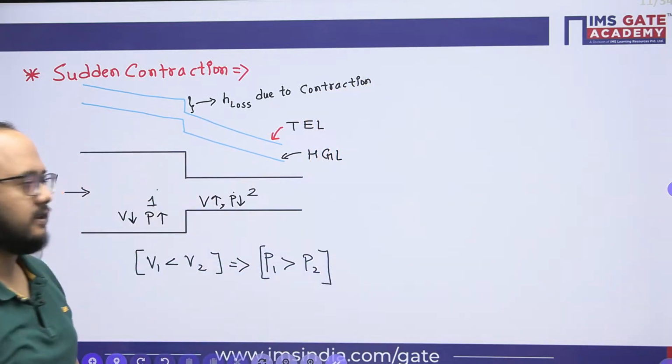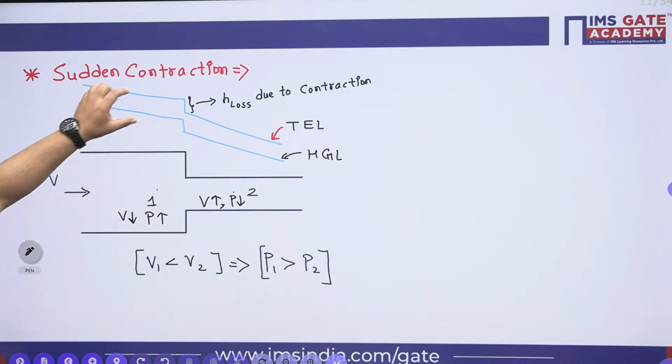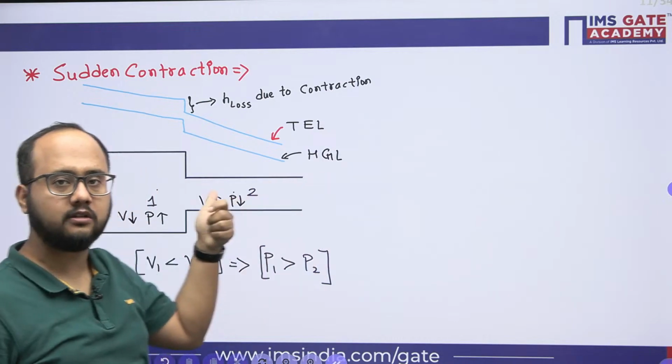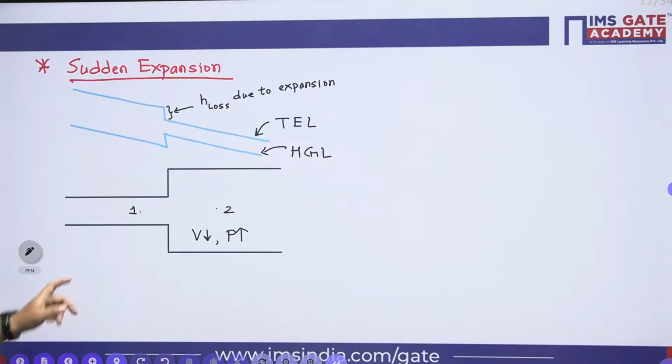So this drop in the total energy line will represent the losses because of the contraction, and in the case of expansion it will be like this. Correct? Very, very important points, guys.